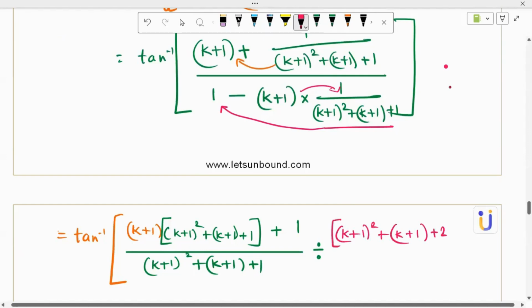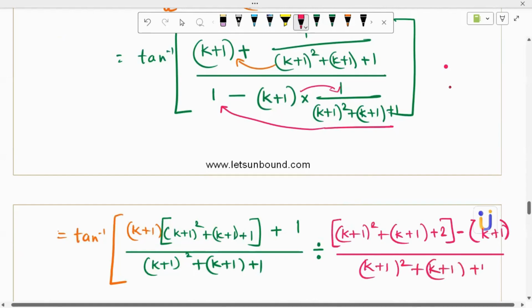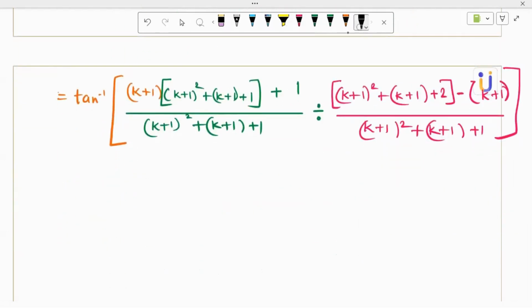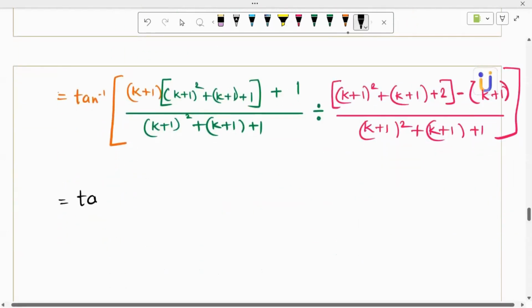Then this stuff and then a minus k plus 1, divided by k plus 1 the whole square plus k plus 1 plus 1. And this is the bracket. You can close it.